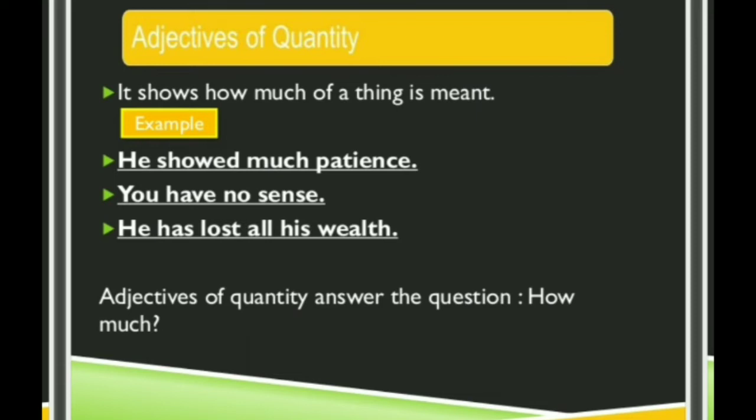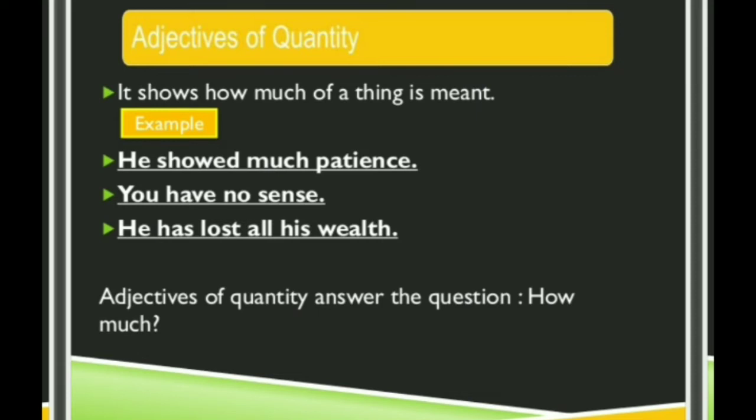If I say you have no sense, I mean, this is rude to say, but in the slide it's given, so we'll take it as an example. No is also a quantity in itself. If you see the word no, don't say it doesn't have any quantity. Zero has a value, right? So similarly no also has a value.